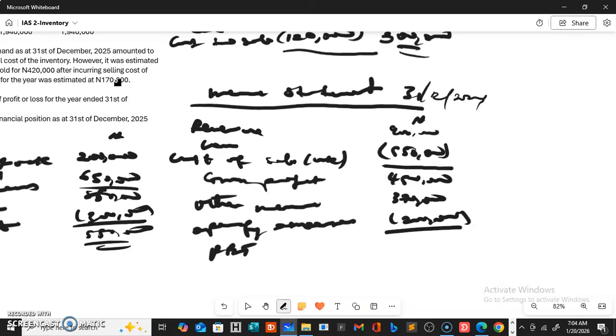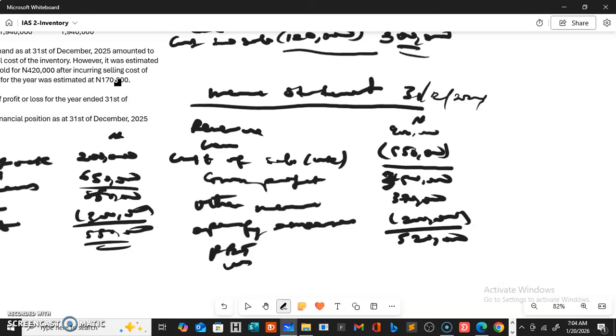That's 920 minus 200. So this should be 350, please, not 450. So we have 520 as the PBT.